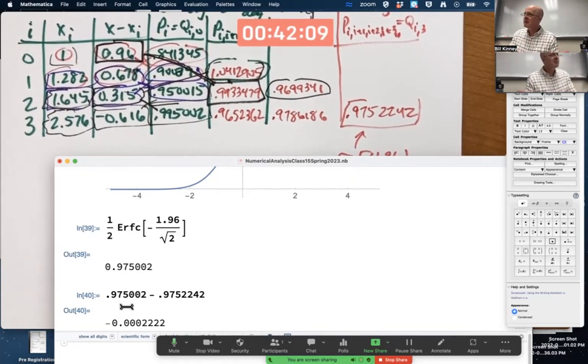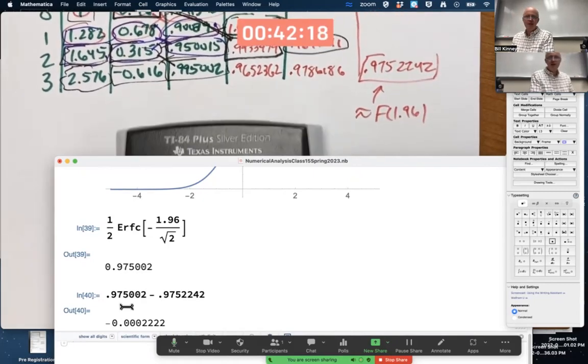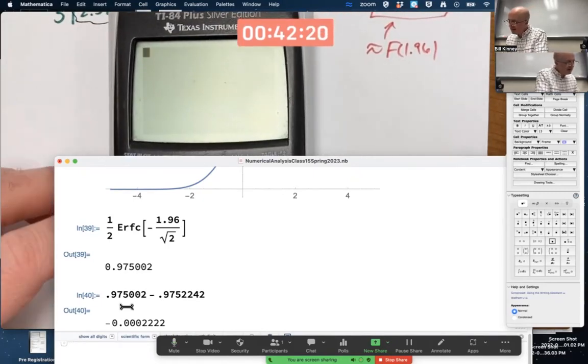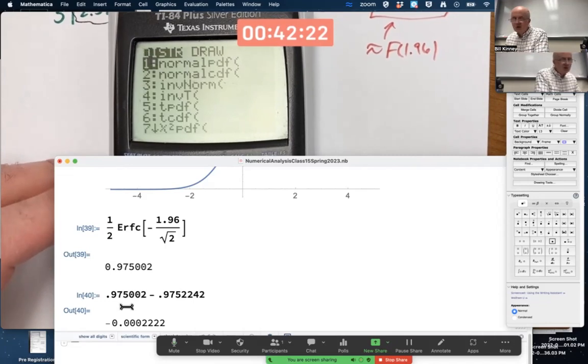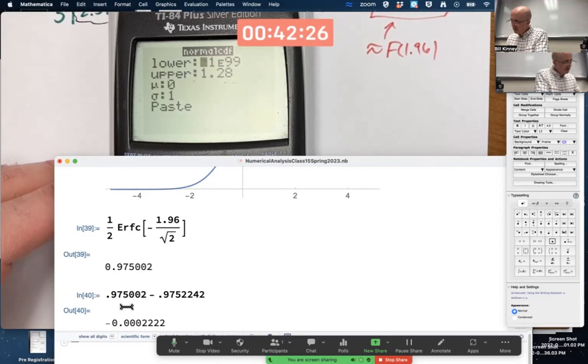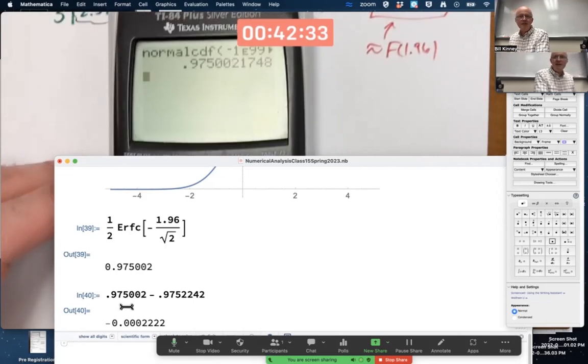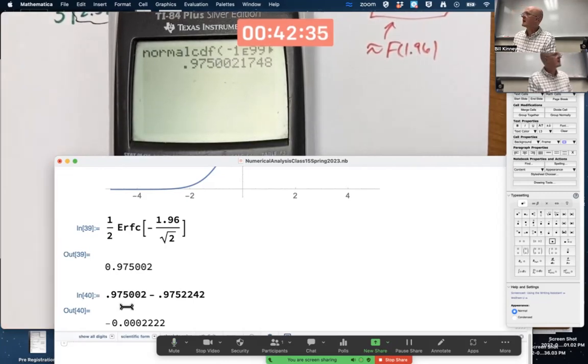But of course, you've already got built-in things like Mathematica, built-in functions, and on a calculator we could compute this. We could go to the normal CDF and do a 1.96 here. Mu is 0, sigma is 1, paste. Yeah, there's our 0.975002.